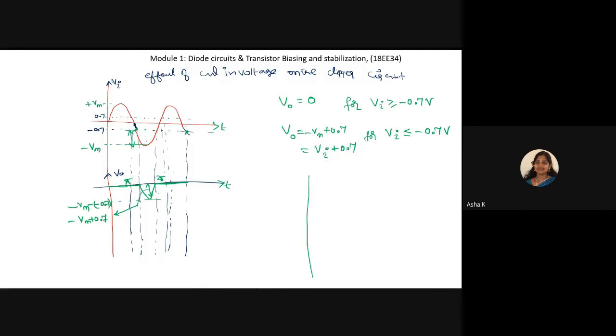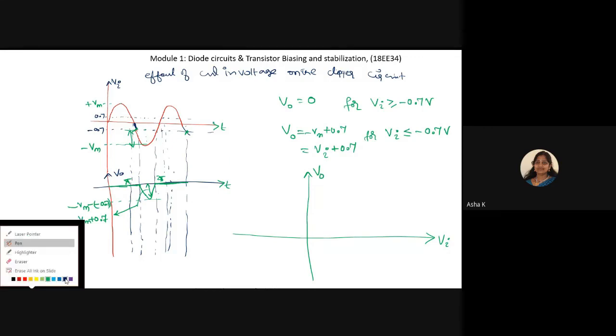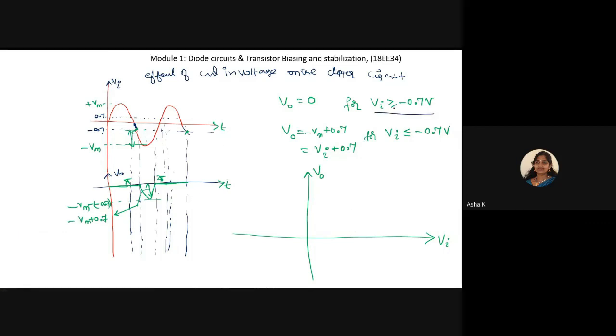If I just wanted to draw V input versus V output, the transfer characteristics curve for this will have, for Vi greater than or equal to minus 0.7, all these values as 0 volts.